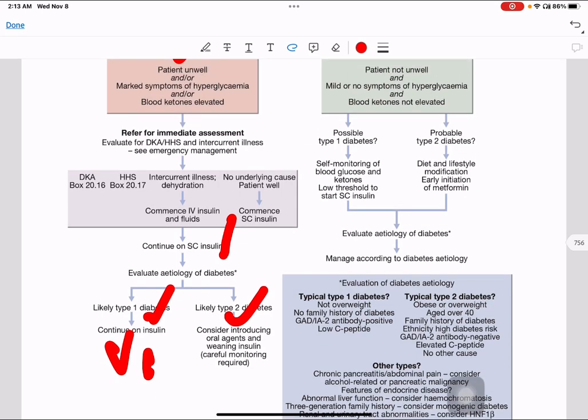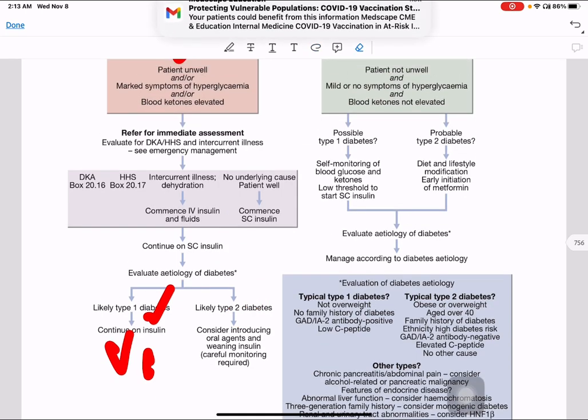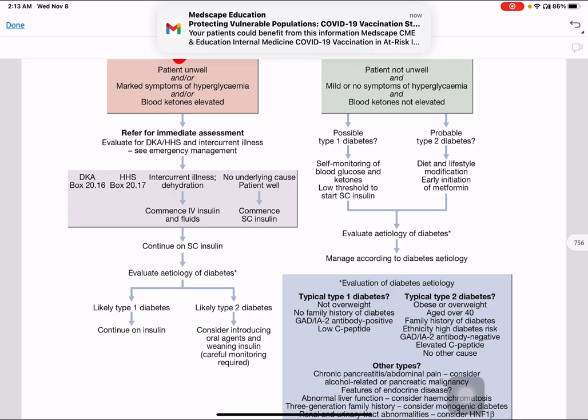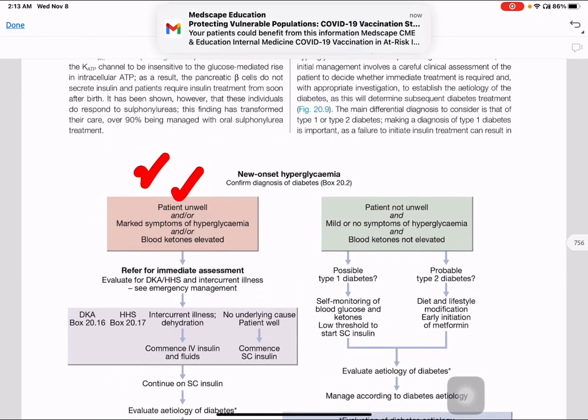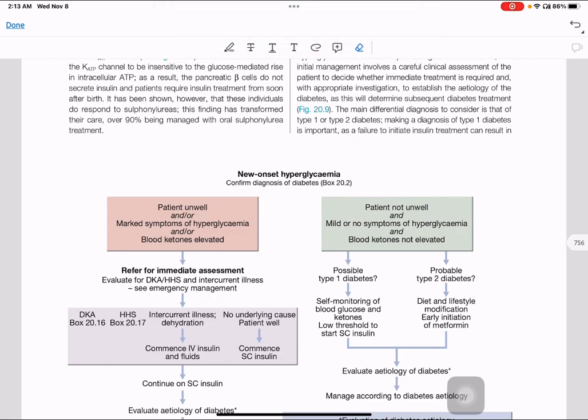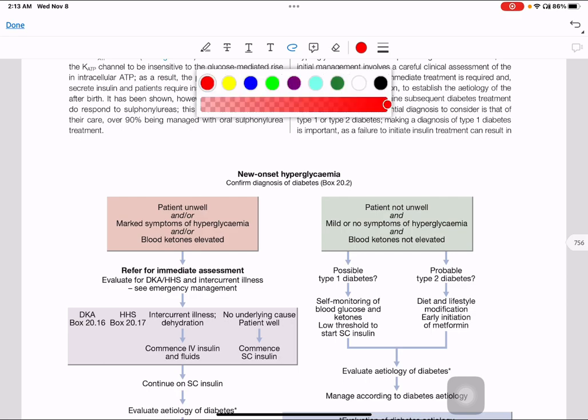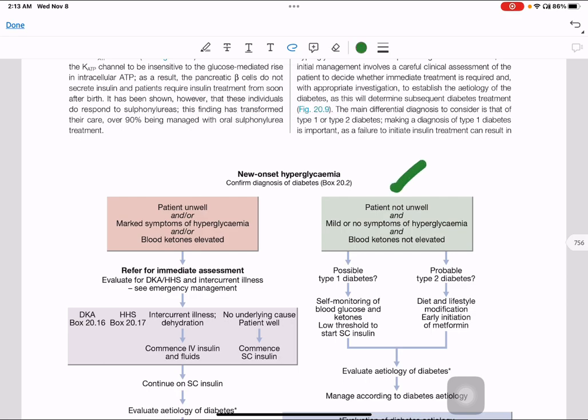Now, the other group is where the patient has hyperglycemia but is not unwell. There are no symptoms or mild symptoms of hyperglycemia, and this is the green group.